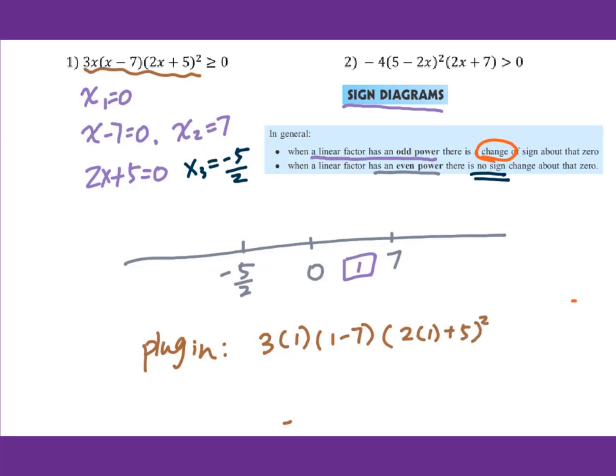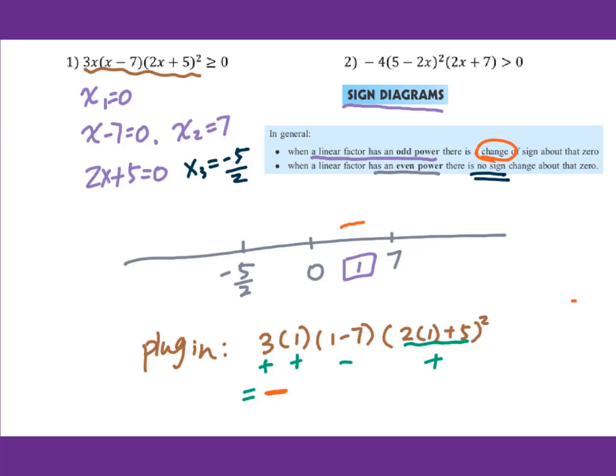Then check the sign. 3 is positive, 1 is positive, 1 minus 7 is negative, and 2 times 1 plus 5 squared is positive. Therefore, when we plug 1 into this polynomial, we got a negative number. So we put the negative for this interval including 1.